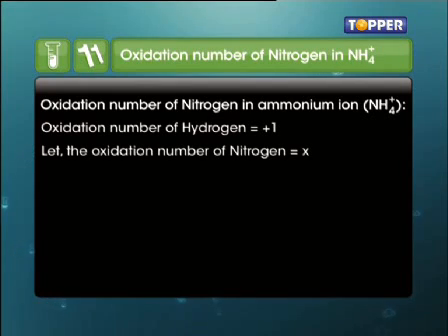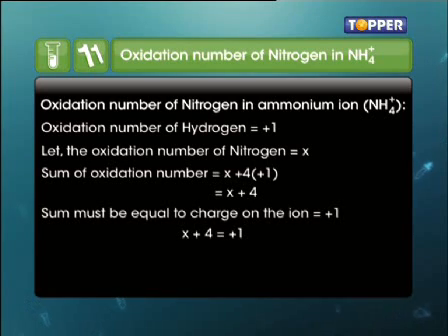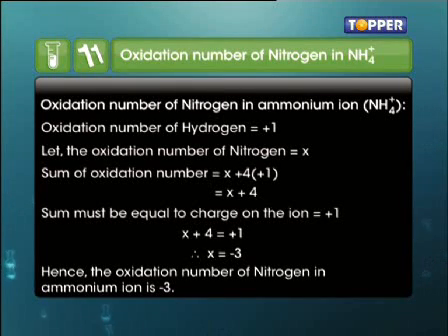Let the oxidation number of nitrogen be X. The sum of the oxidation number of nitrogen and 4 hydrogens is equal to X plus 4. This will be equal to +1, which is the charge on the ion. On solving the equation, we have X is equal to -3. Hence, the oxidation number of nitrogen in ammonium ion is -3.